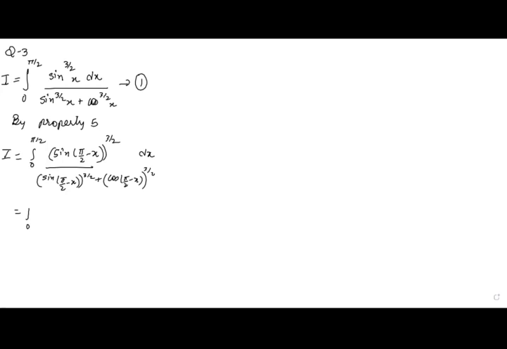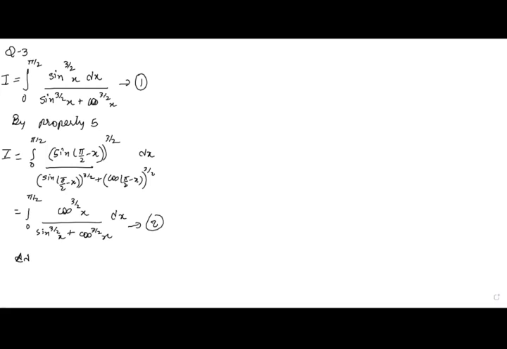And you know that pi by 2 will change the function, so it will be cos raised to 3 by 2 x upon cos raised to 3 by 2 x plus sin raised to 3 by 2 x dx. Call this equation 2.